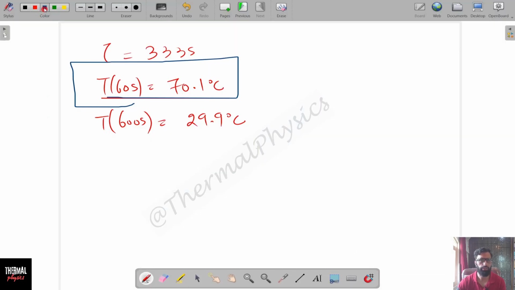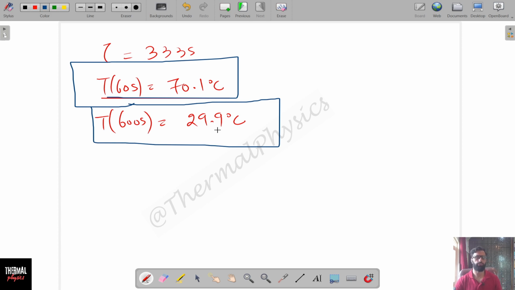If we see, it's very approximately the same, it is 29.9. And we know this little difference happens because of rounding error. When we round off while analytically calculating these values, we just take 2 or 3 decimal places.